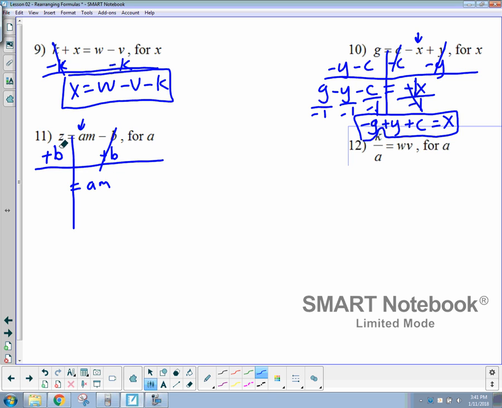These are not like terms, so keep them separate. There we go. They're being multiplied, so we divide to get rid of the m. We want a by itself. What you do to one side, you do the other. So z plus b all divided by m.